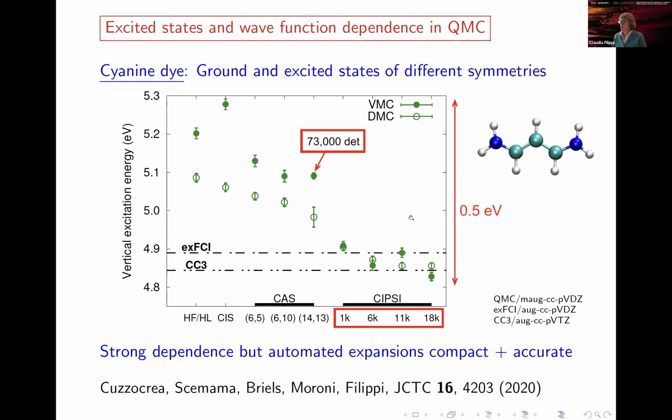Now, what I'm showing as our best results is the use of this selected CI, this automatic procedure of giving us good determinants. Here we range between 1,000 and 18,000 determinants, and we are within chemical accuracy of the best result, and moreover, variational and diffusion Monte Carlo are on top of each other.